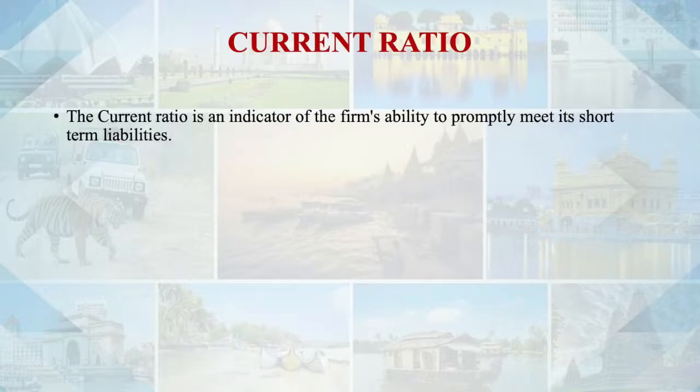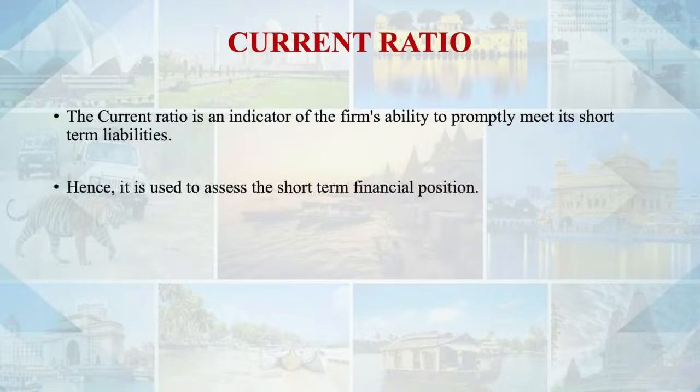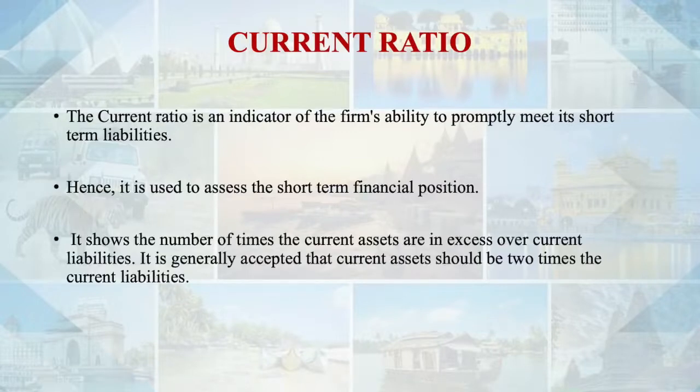That is, whether the company will be able to meet the liabilities which arise within one accounting period or within one operating cycle. It is used to assess the short-term financial position. That is what I said, the short-term liquidity of the company. It shows the number of times the current assets are in excess of your current liabilities, that is, how many times your current assets cover your current liabilities.